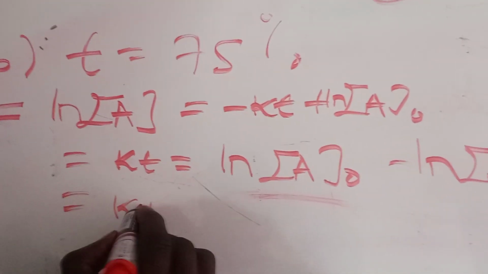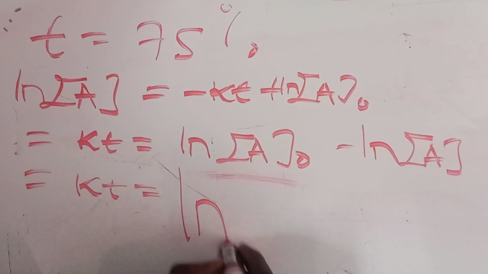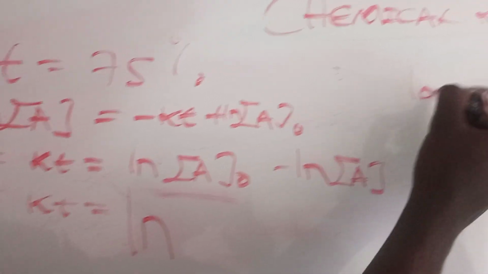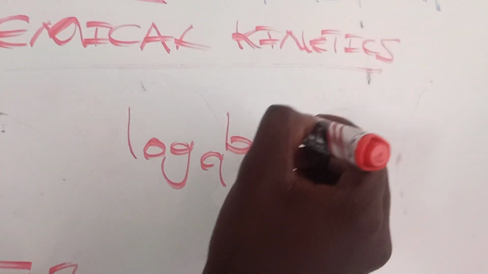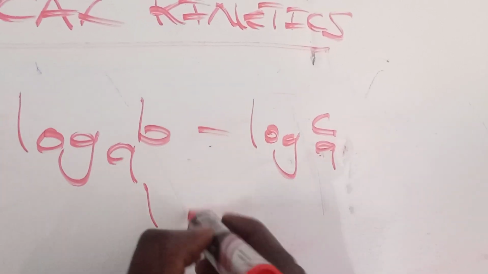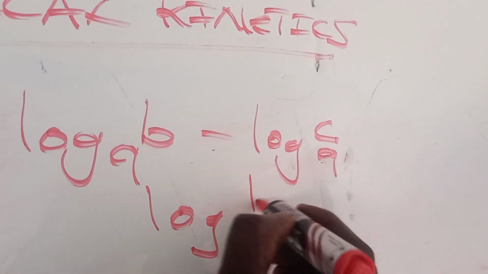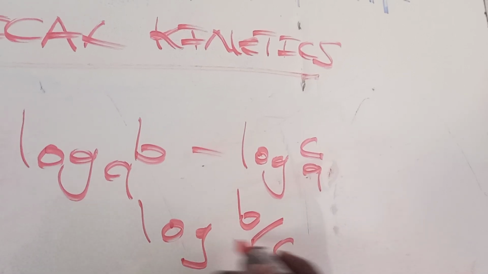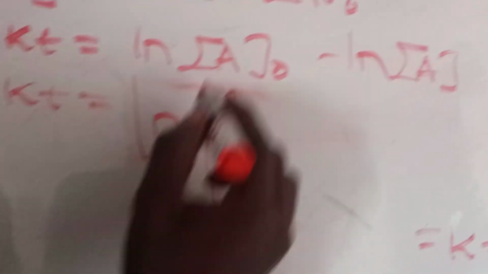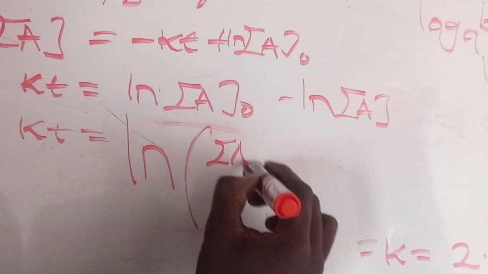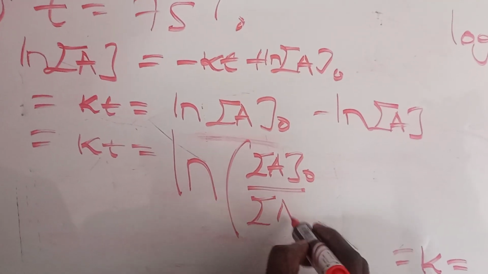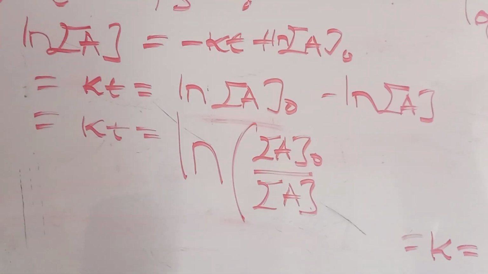So KT is equal to the ln, as usual, like what I said, under logarithm, the log of B base A minus the log of C base A. The same applies with log of B over C base A. So the same thing that we're going to do here, we're going to have the initial concentration of A divided by the concentration of A there.